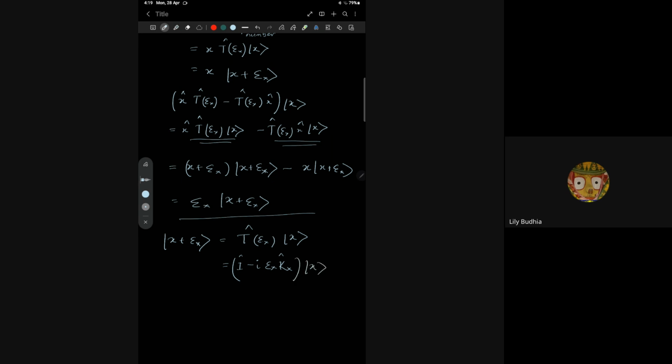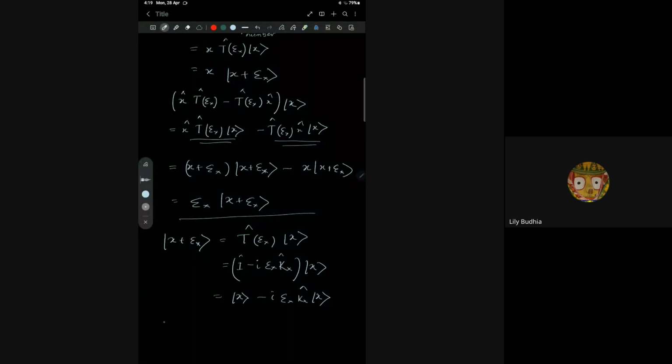Operating on the state. So this is like state x minus I epsilon x, k operator.